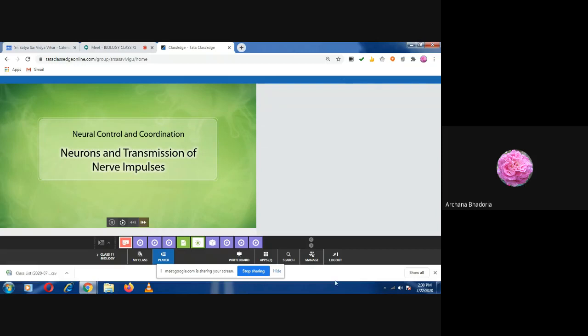Sympathetic will have a stimulatory effect. It will stimulate the cells. These are the nerves which are supplying. And these sympathetic nerves are arising from where? Thoracic region. Okay.